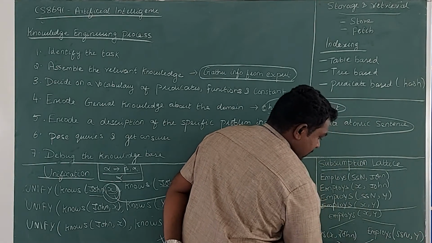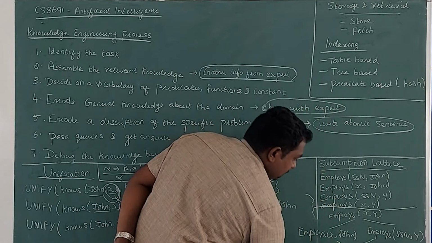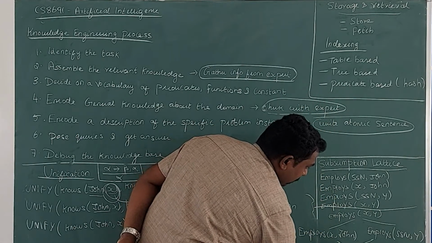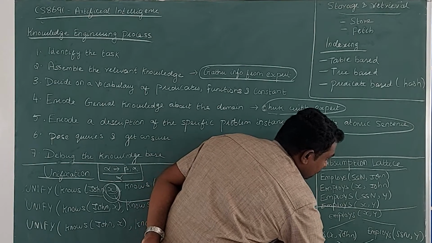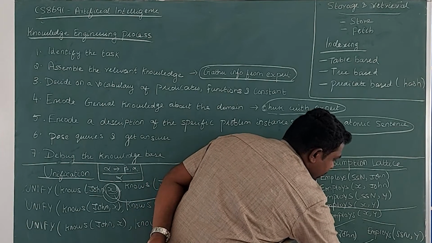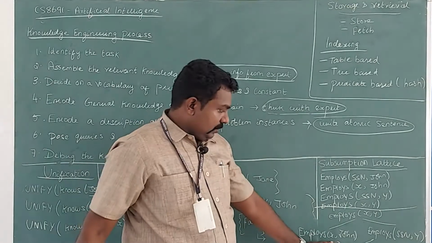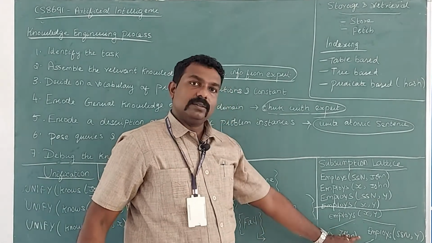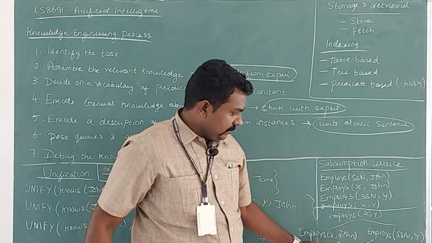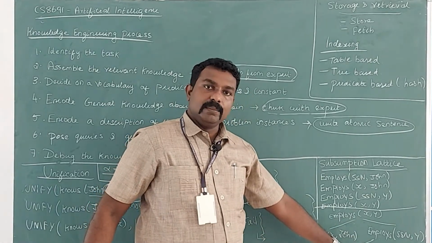At the end of the subsumption lattice, you will get both the values, employs SSN comma John. So if we need to know who employed John, by seeing the diagram you can deduce that SSN employed John.